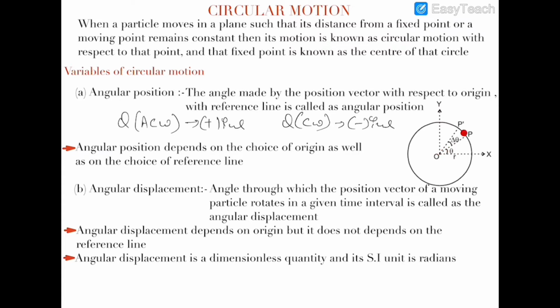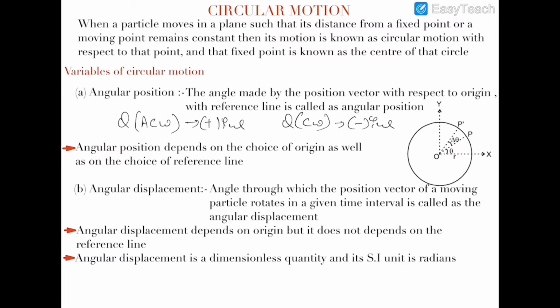After some additional time dt, the particle is at position P dash, at a displacement of delta theta from P, which means that in time dt the particle has moved from P to P dash by an angular displacement of delta theta. So angular displacement is the change in angular position in some time interval.